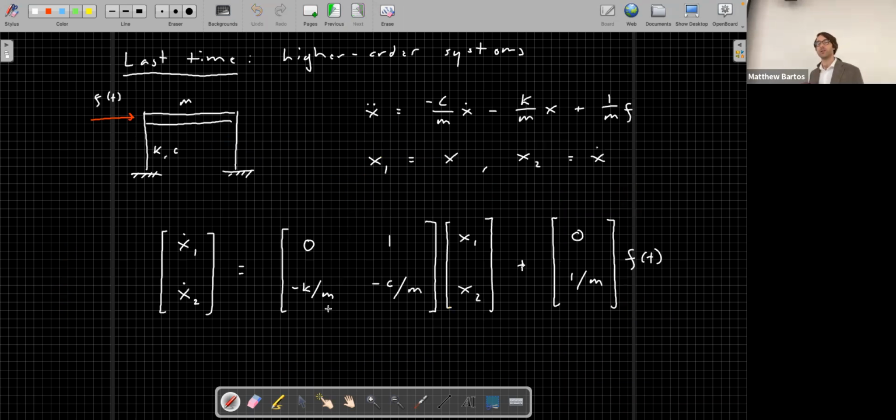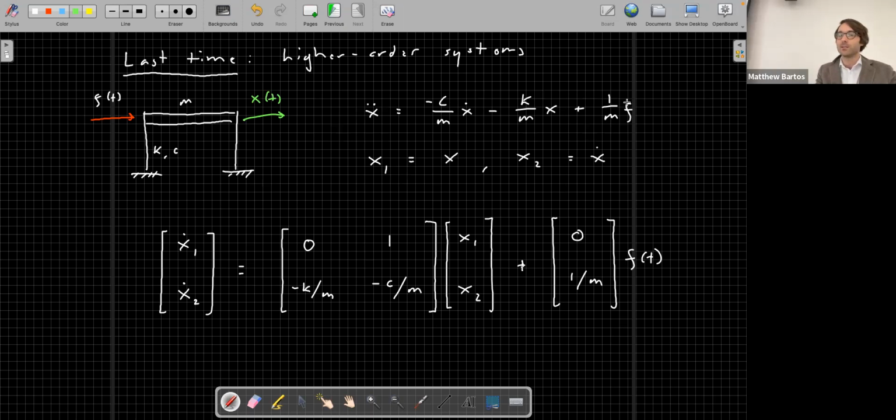We also discussed how we could use the state space form to describe higher order systems in a different way than we've been doing before. So we had our structural system. It had some stiffness, some damping, some mass, some forced input, which induces a displacement, as we are familiar with at this point.